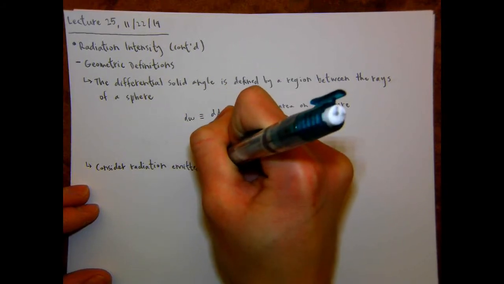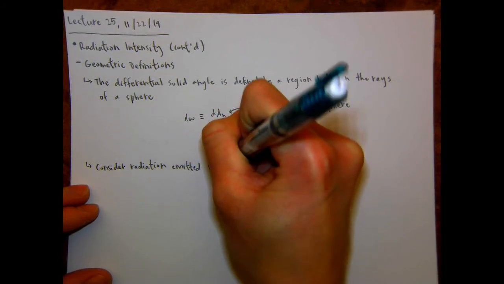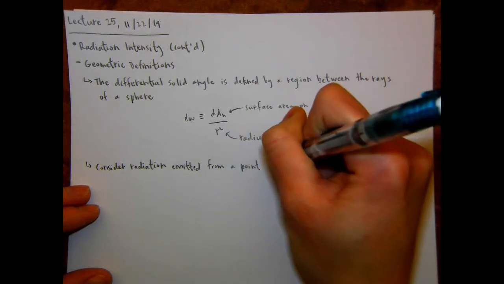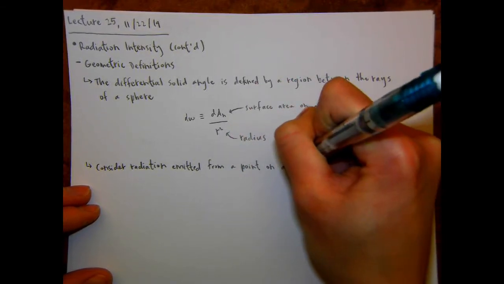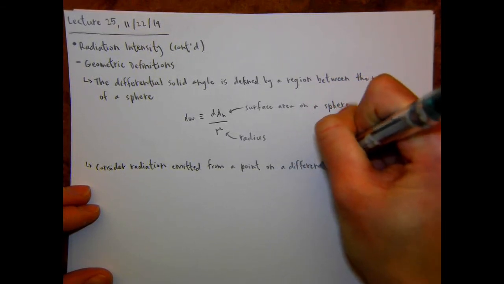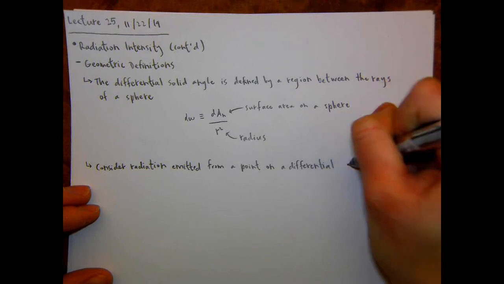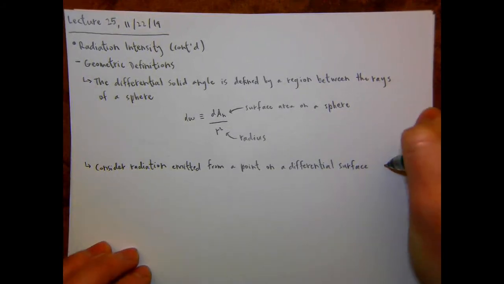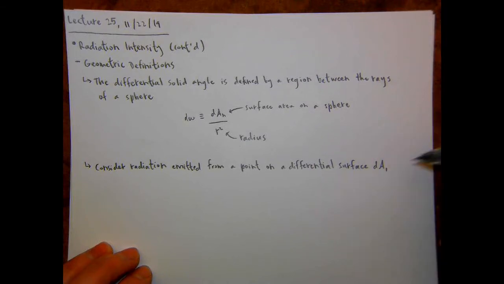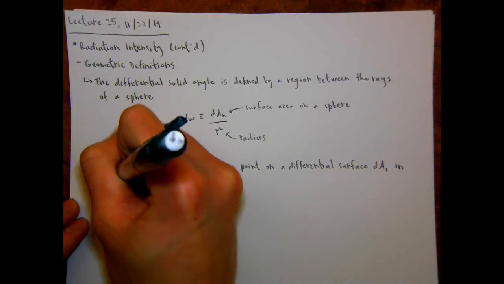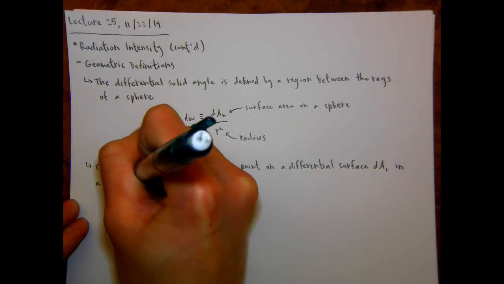So consider radiation emitted from a single point on a differential surface dA1 in a certain direction in the spherical coordinate frame.